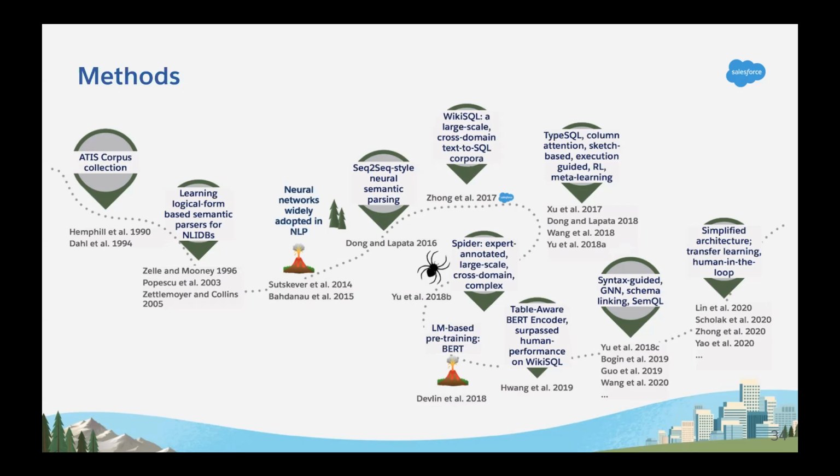And after deep learning was widely used in NLP, people started to build neural network models for text-to-SQL. Today I will only cover some neural network based models. I will choose three typical papers to discuss.